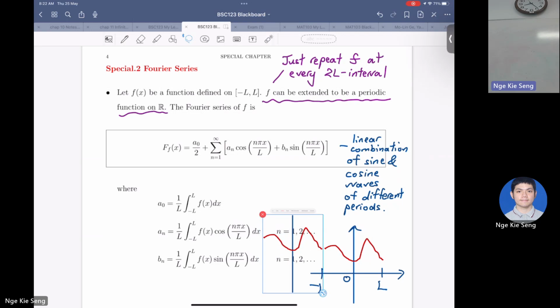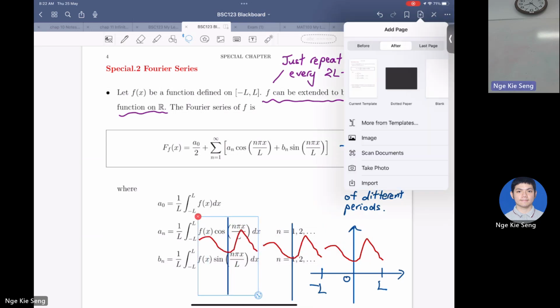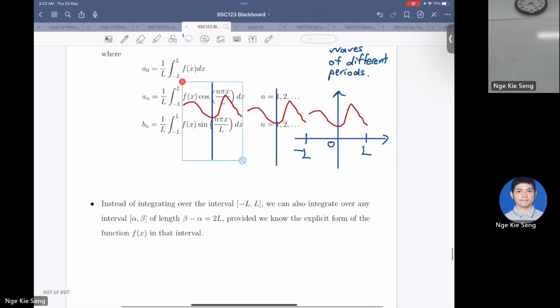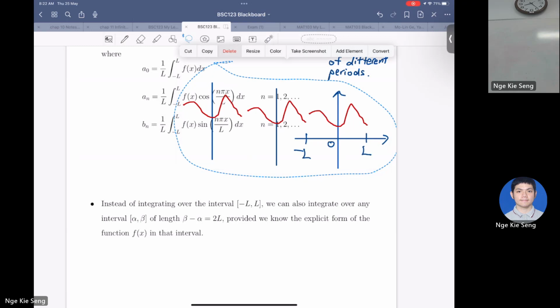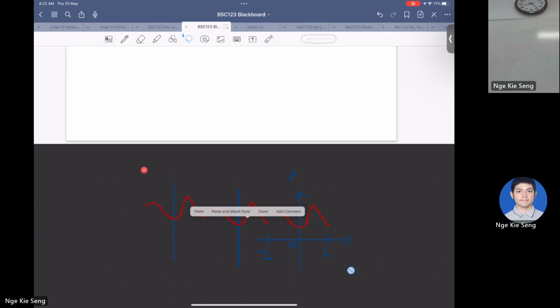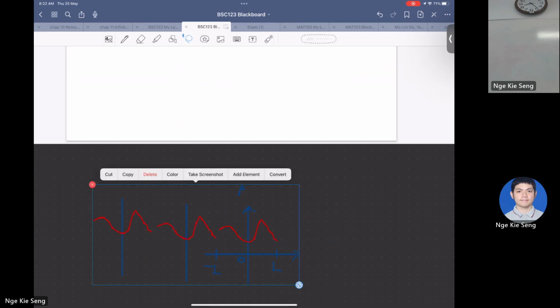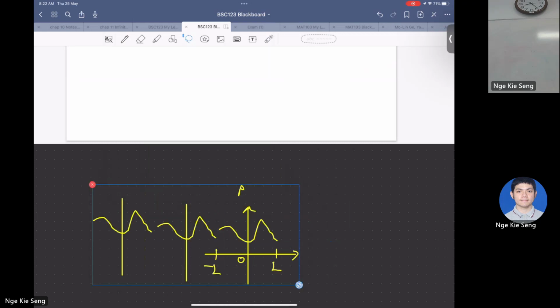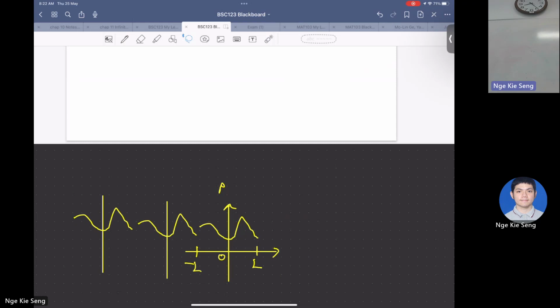I put it here, then repeat again, keep repeating. So I can just repeat the diagram over 2L.